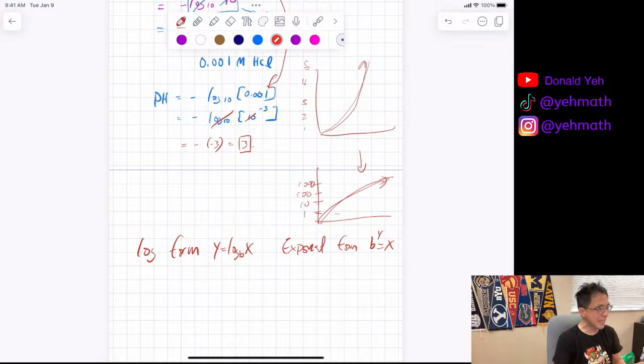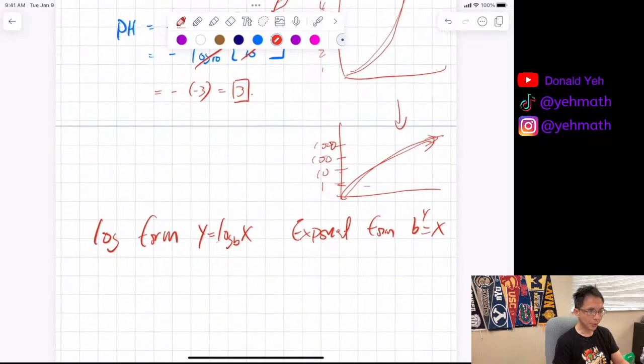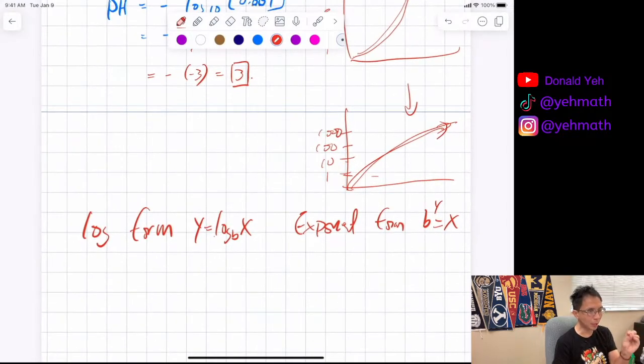So they represent the exact same thing. One of them is called log form, one is called exponential form. Log form says y equals log base b of x, and exponential form says b to the y equals x. They represent the exact same thing.